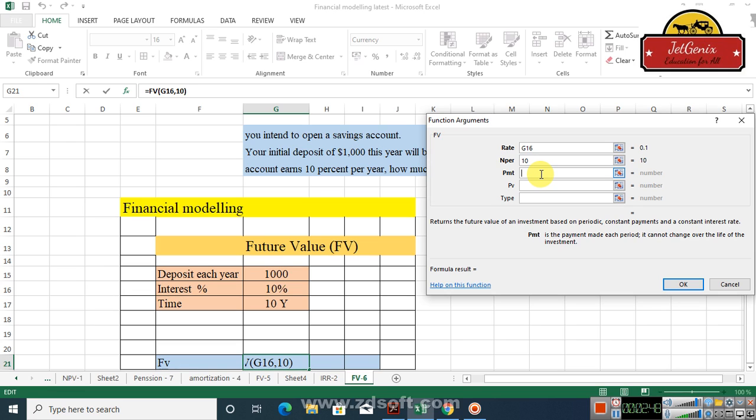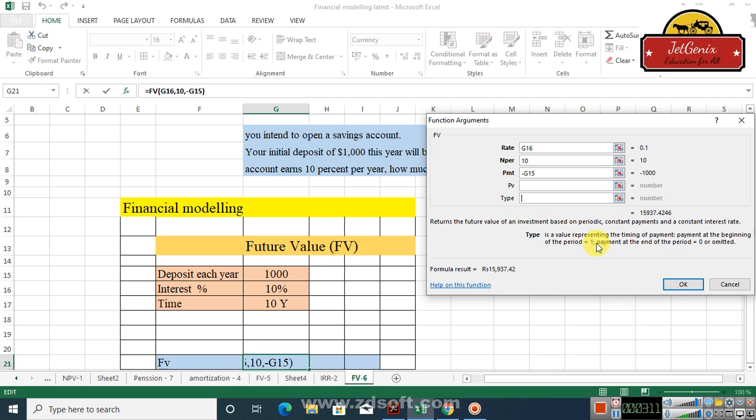But here I want you to remember only one thing, and that is you have to write a minus before writing the PMT. Okay, so you just write the minus, and now here you have to write 1 or 0, and you can see it here.